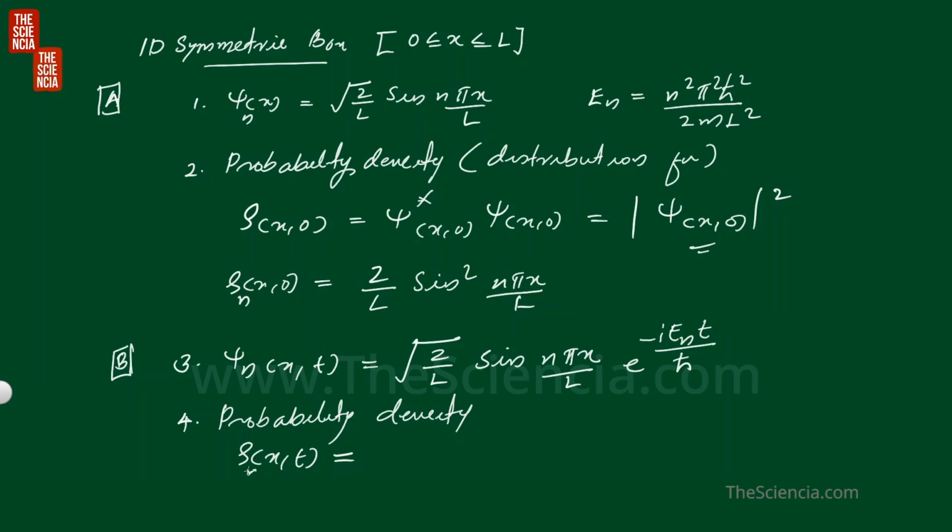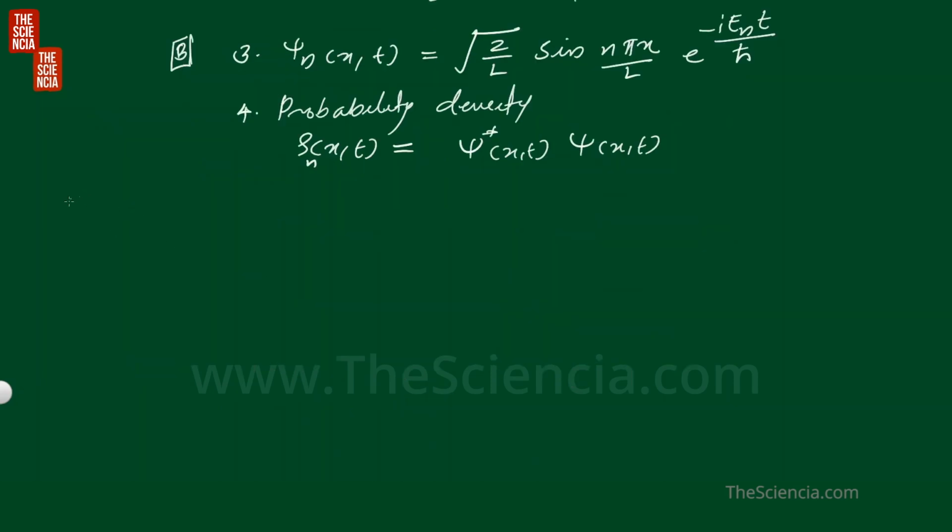So here what we will get as rho n of x, t is equal to psi star of x, t into psi of x, t, right? Here there is an imaginary term, so we have to take its conjugate.